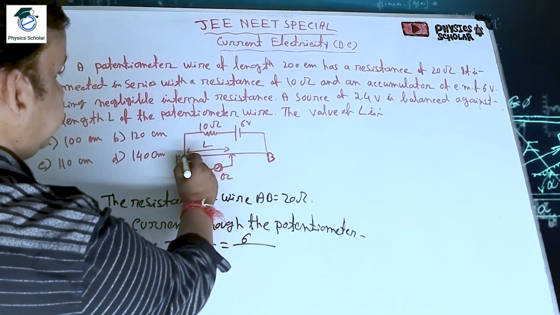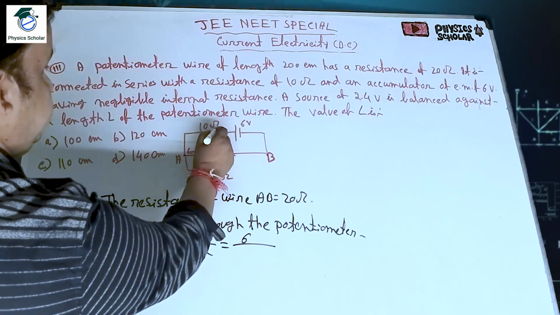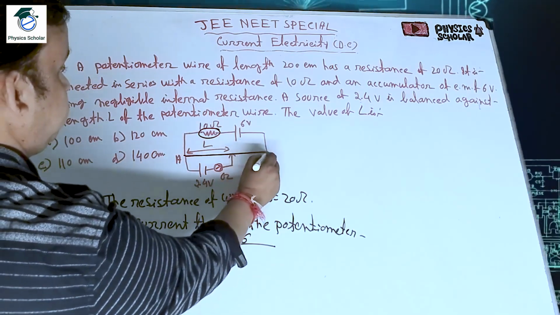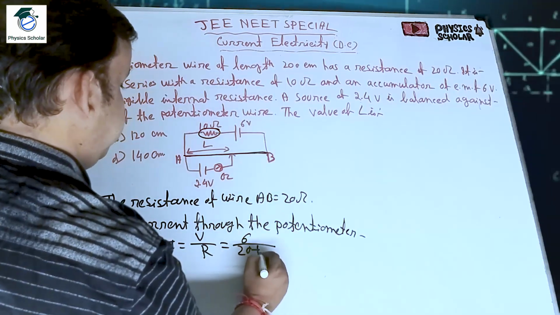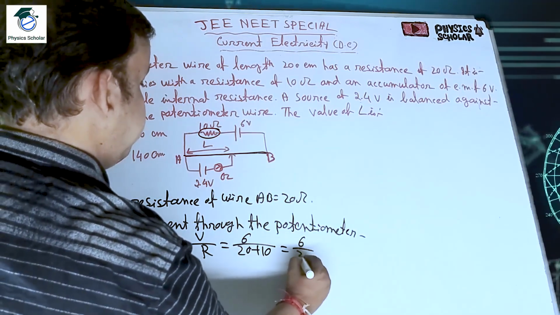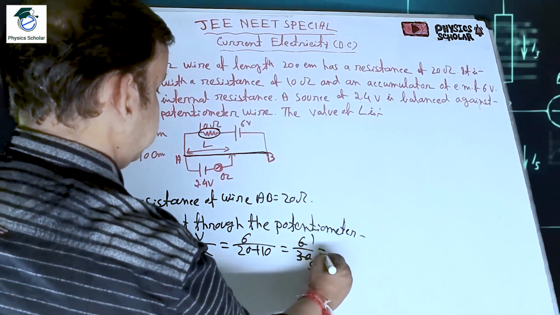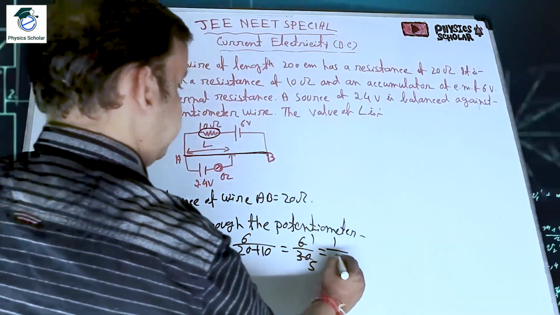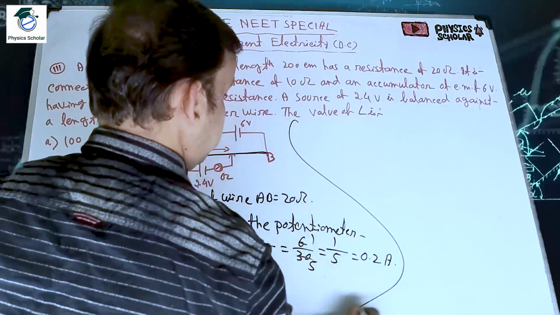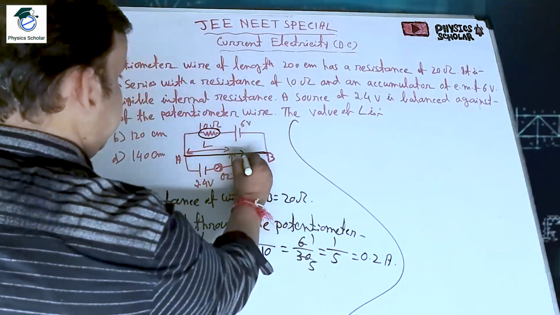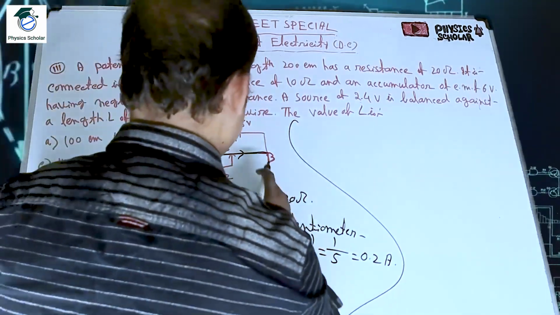R means the resistance of this wire and this resistance, which are in series. The resistance of this wire is 20 and this is 10. So 6 by 30, so 1 by 5, is equal to 0.2 ampere. So 0.2 ampere is the current that will flow through this wire.